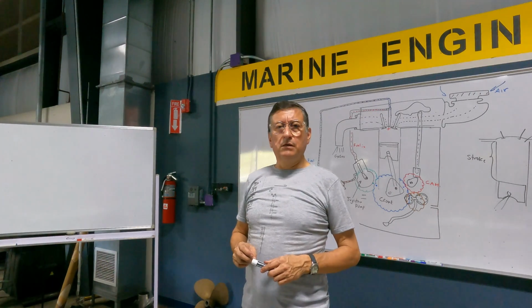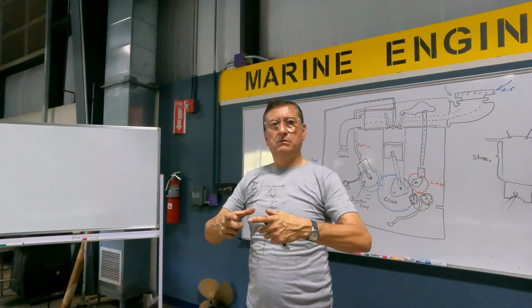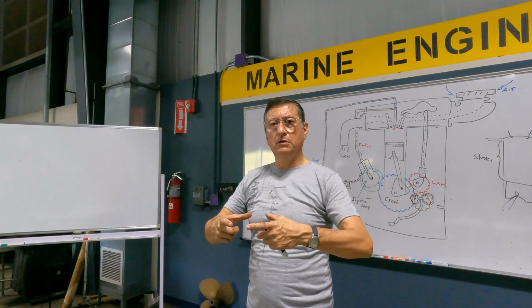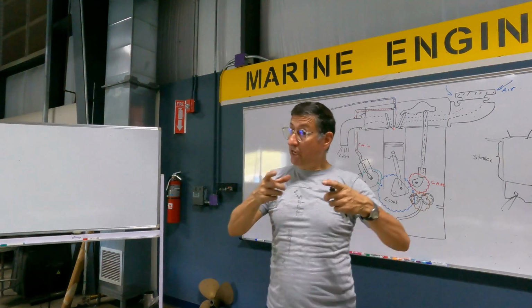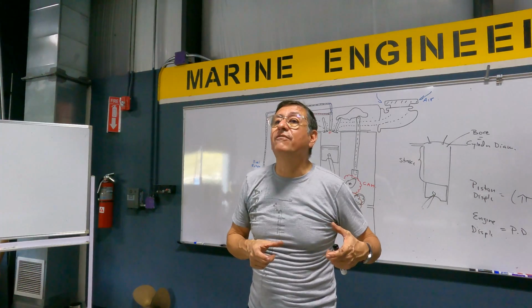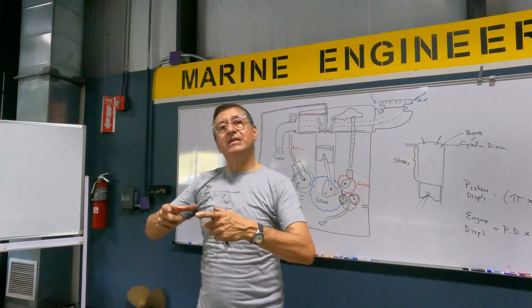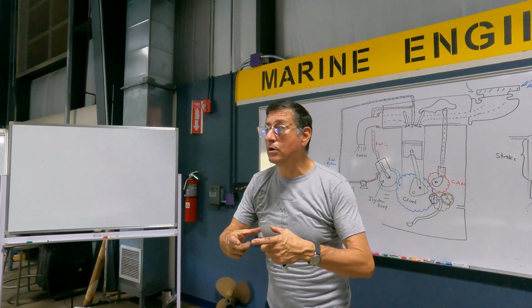Engine displacement. And I know the diameter of the cylinder, 4.3 inches. I know the engine displacement, 5.7, or in cubic inches, 350 cubic inches. I know the diameter of the cylinder, the bore.